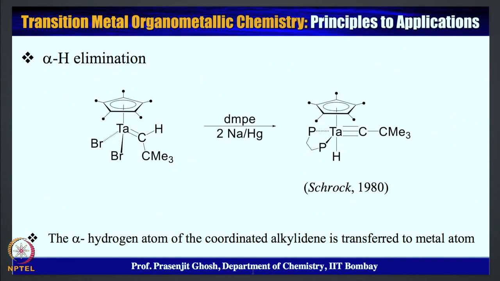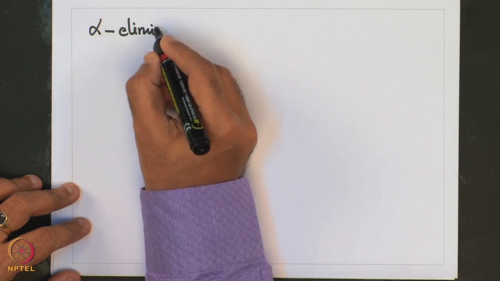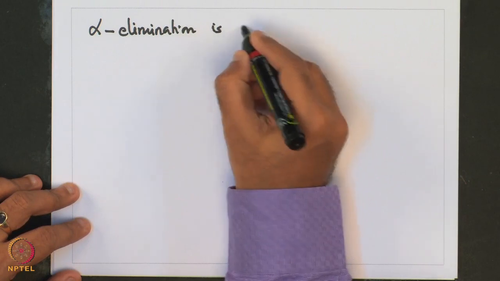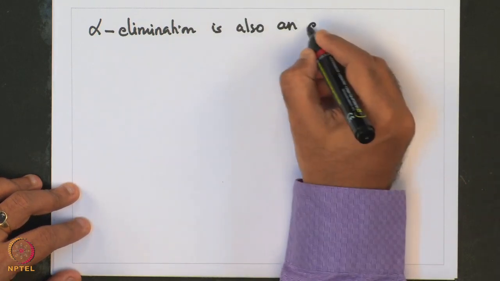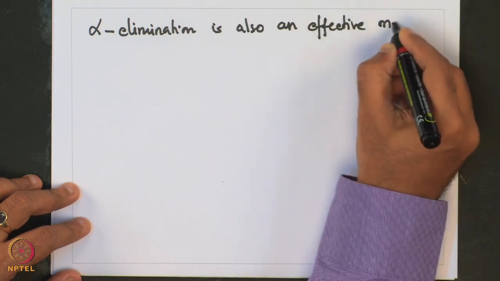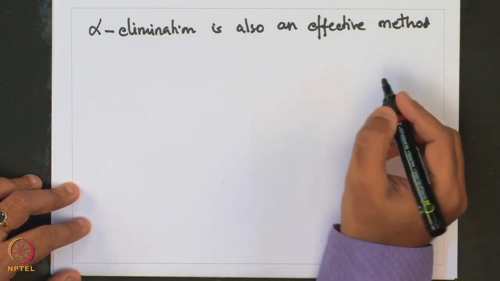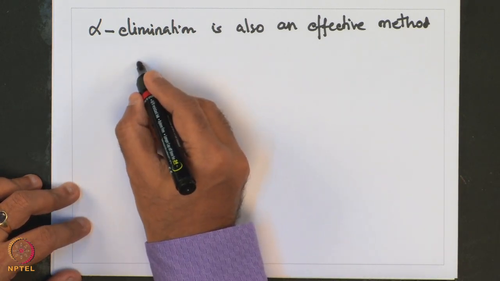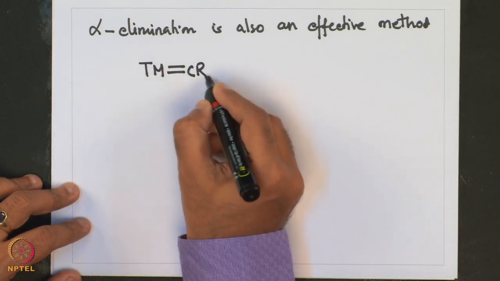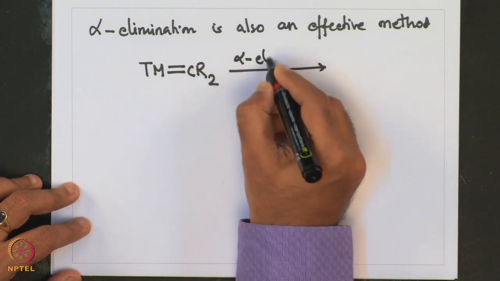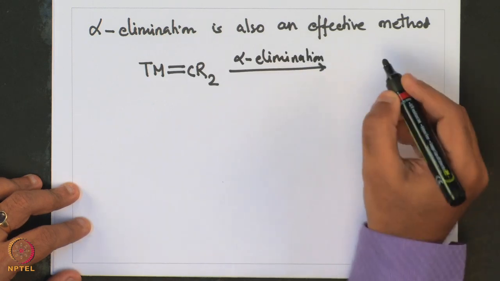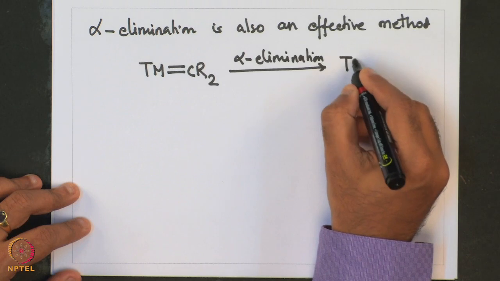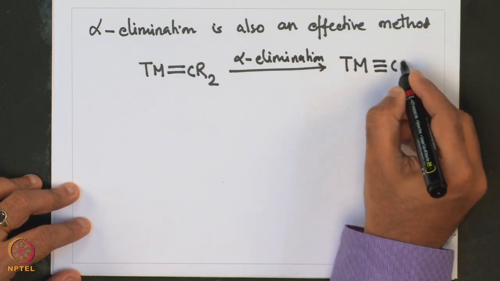Similar to alpha deprotonation, alpha elimination also is an effective method for producing carbyne complexes, and here too we see that this method is applied to carbene complexes to get what are called transition metal carbyne complexes.